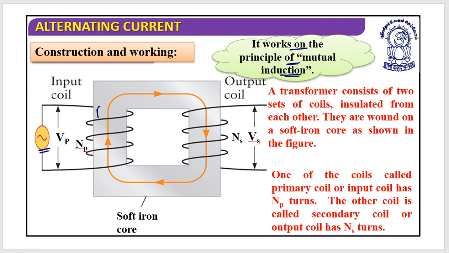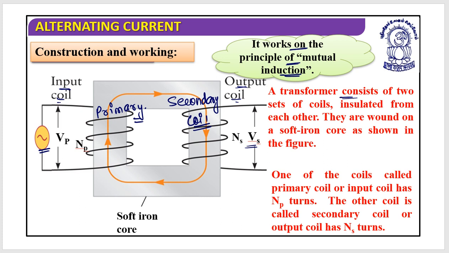Another coil, with which output is collected or devices are provided output, is called the secondary coil. It is also called the input coil, and this is the output coil.